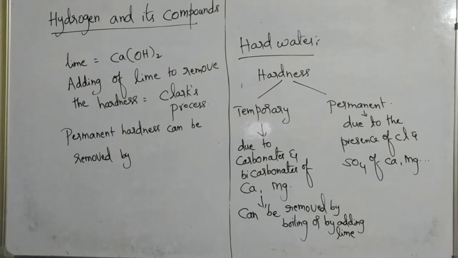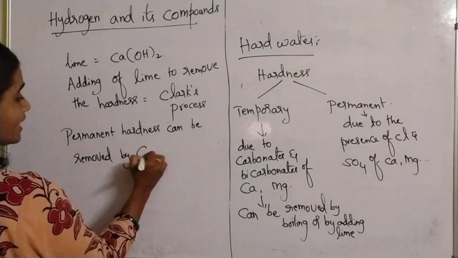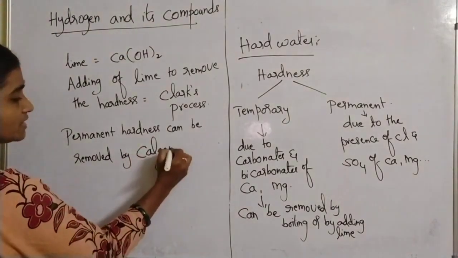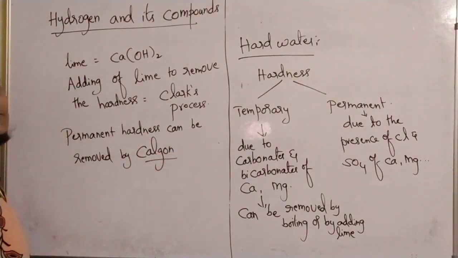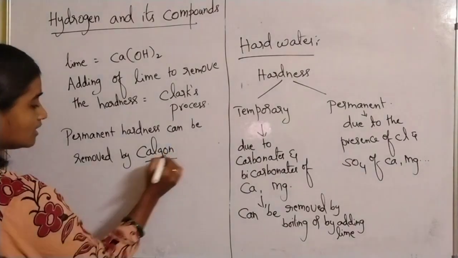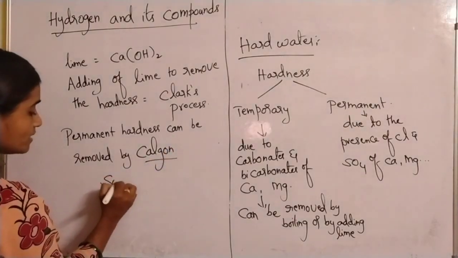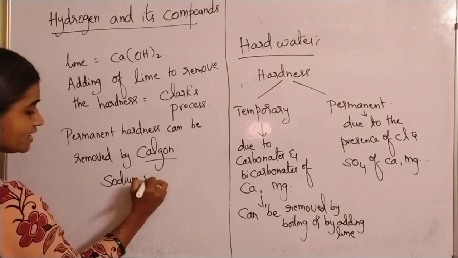What is calgon? Sodium hexametaphosphate, Na6P6O18. Please remember, calgon is a chemical substance, sodium hexametaphosphate.